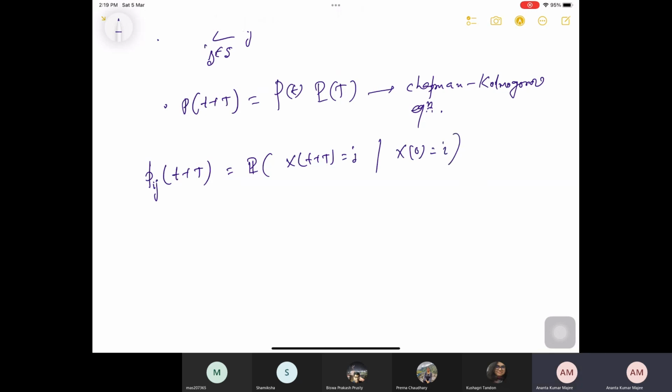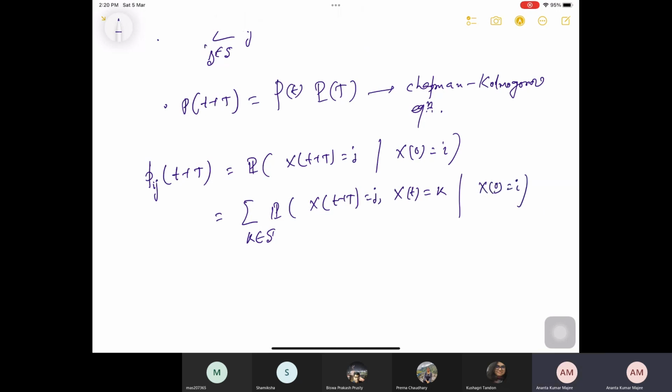So now by using the total probability law, I can write this as a summation over k of the probability of X(t+T) equal to j, with the intermediate time X(t) equal to maybe k, given X(0) equal to i.